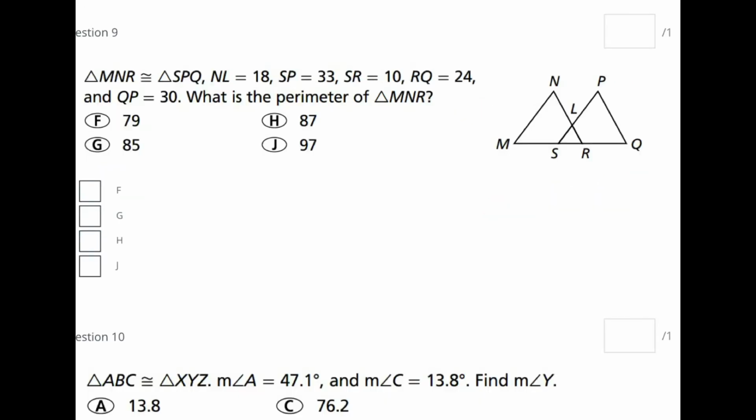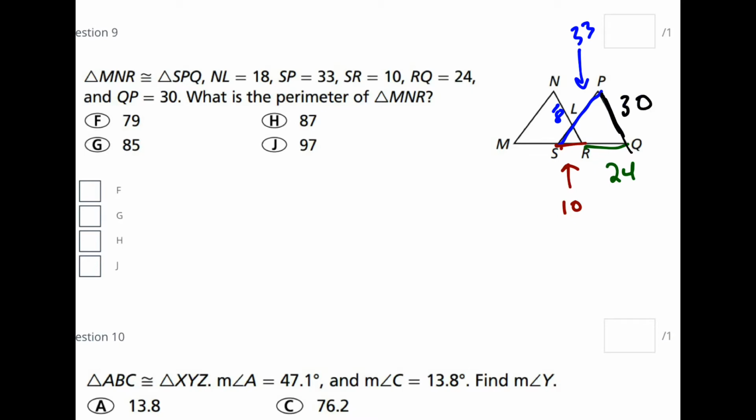In number 9, they tell me that NL is 18. They tell me that SP is 33, so this whole thing is 33. And they tell me that SR, which is this distance here, is 10. They tell me that RQ is 24, and that QP is 30.